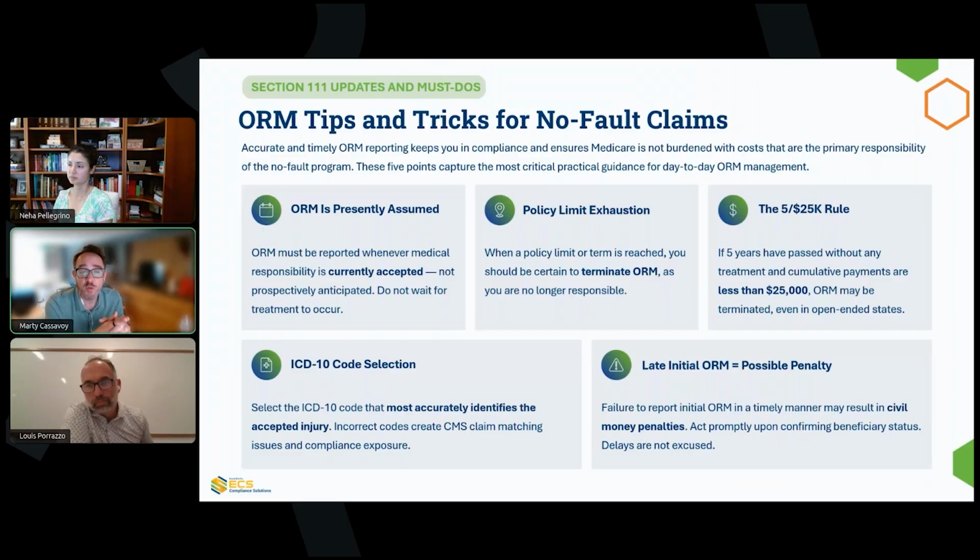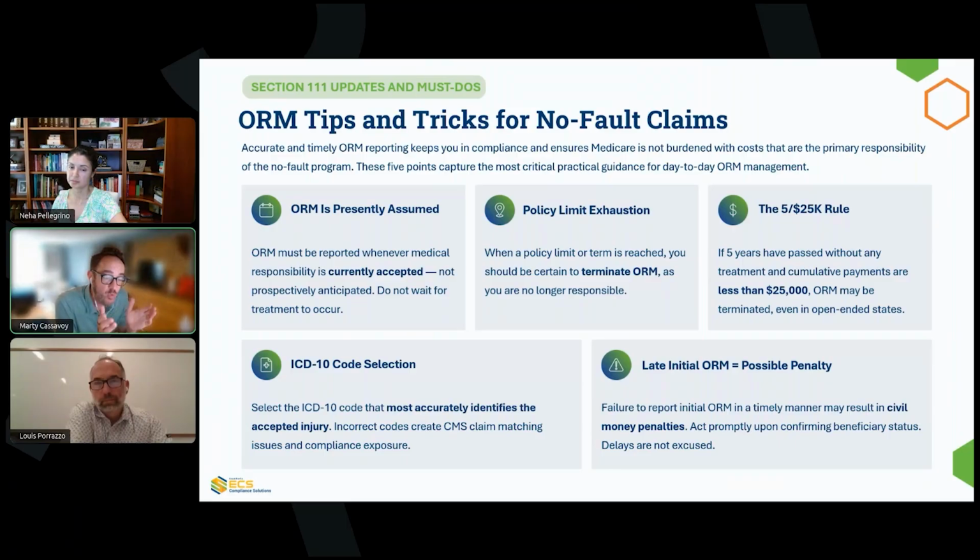You should also report ORM termination when you're no longer responsible due to the time lapse. So if the claim's been open for 3 years and your policy lasts for 3 years, you should report ORM termination in that situation. The reason why you want to terminate is you don't want ORM lasting forever, even though your claim is not actually being paid.